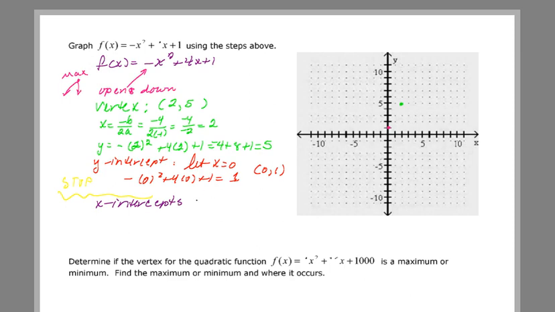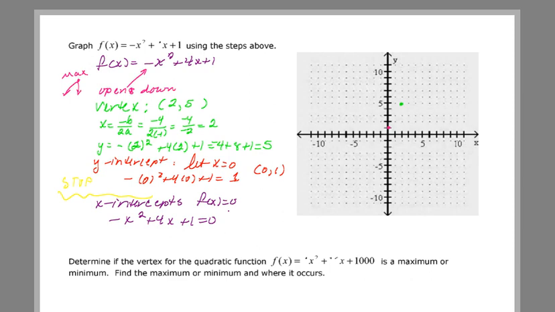And remember, to find the x-intercepts, we let f(x) be equal to 0. So I'm going to take that quadratic -x² + 4x + 1, set it equal to 0, and work on solving it. Well, this one's not as easy as the previous one to solve that was in that other format. This one I'm going to have to use the quadratic formula because it doesn't factor.